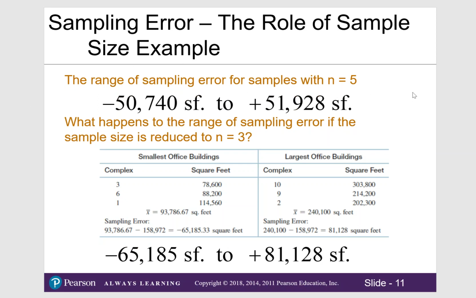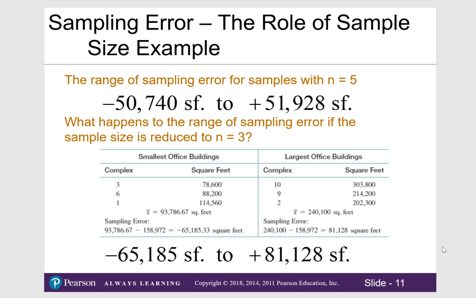If we similarly repeated the same process using only a sample of size 3, notice how much bigger the error is. So earlier I made a comment that if I want to fix the problem of my sample isn't close to the actual population values, one thing I could do is sample more people.